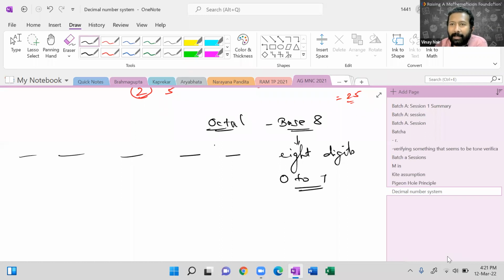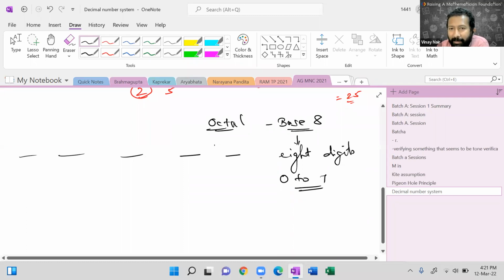Anushka Jha? Tejasvi? Sanika? If you are not clear why I'm calling, just unmute and ask me and I'll explain. Yes, Sanika. Did you understand my question, Sanika? I'm not sure. Okay, no problem.